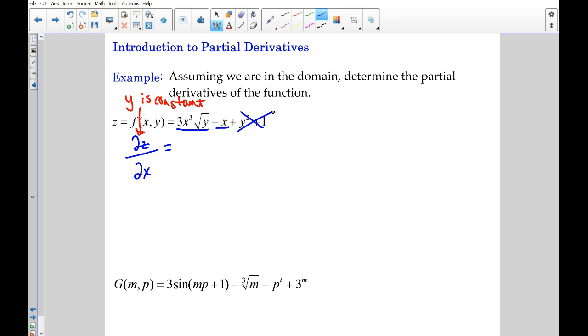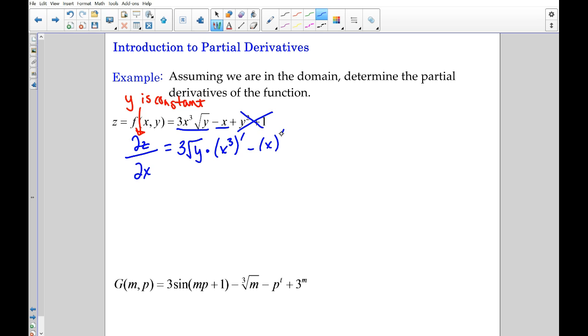So y squared here, it's a y, it's constant, the derivative of a constant is 0, that's going to drop off, and 1 is going to drop off. Now here, I'm going to write this as 3 square root y, so I'm grouping the constants together, and then I would have to differentiate x cubed, where the tick mark means prime, so I have yet to differentiate that, and then I have to differentiate x.